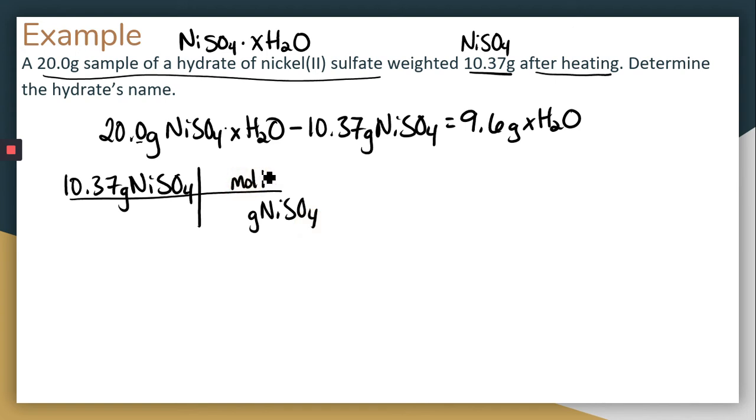We're converting it to moles. 1 mole, and then we need to add together the molar mass of the nickel sulfate. So the mass of nickel, sulfur, and 4 oxygen is 154.76. So we would divide that, keeping our significant figures the same.